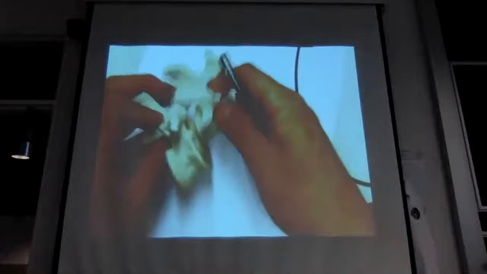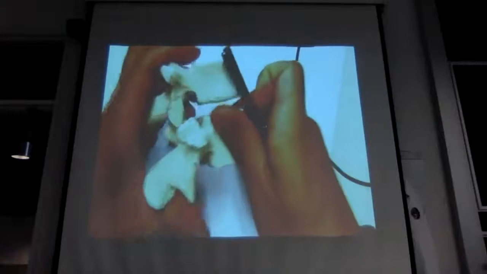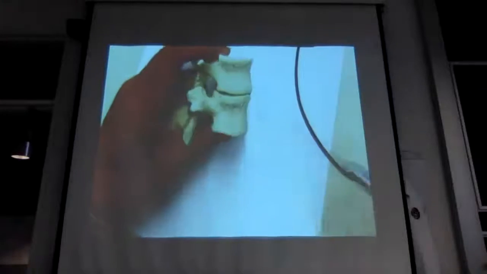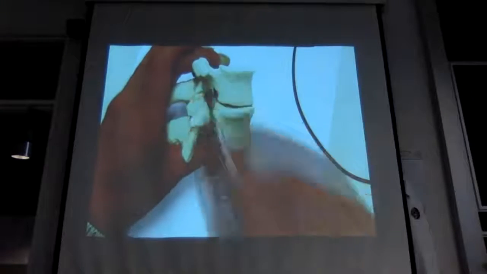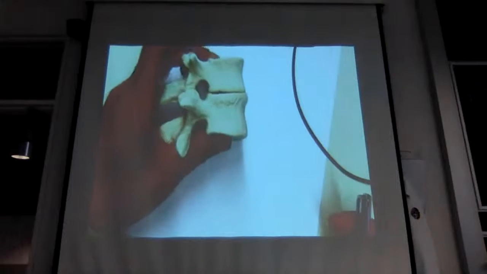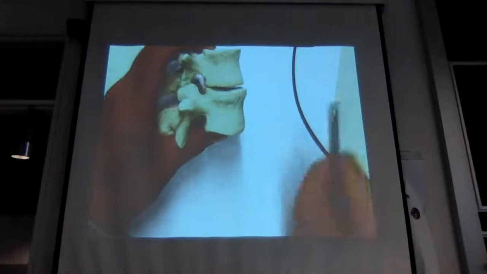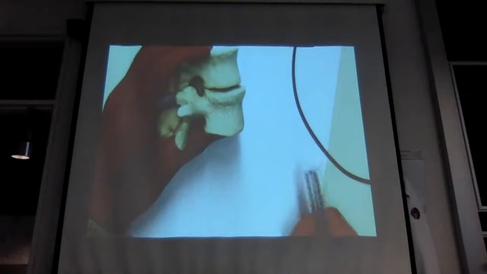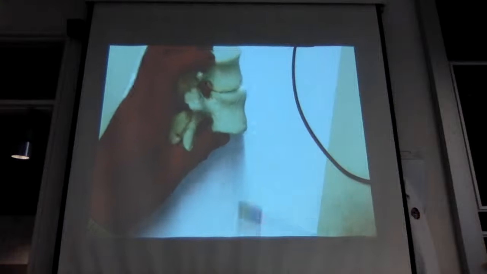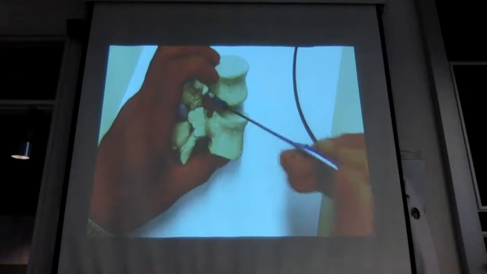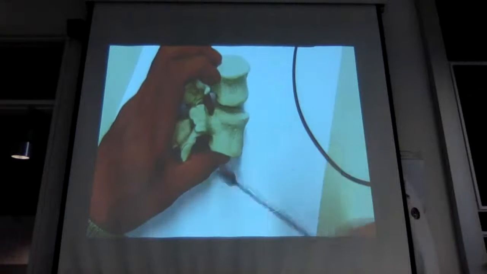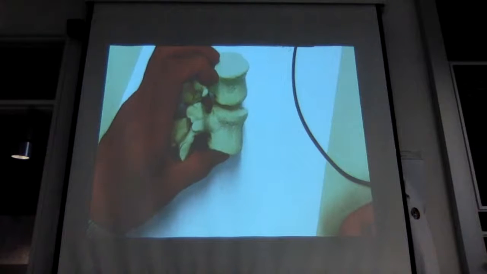Sorry, these aren't the ones that are immediately next to each other, so it's hard to fit. There we go. This hole here, that's the intervertebral foramen. This is for nerves and blood vessels to exit out. So if you have a slipped disc, if you have sciatica or something, that disc pushes on this hole and you feel pain because it's pinching the nerve.